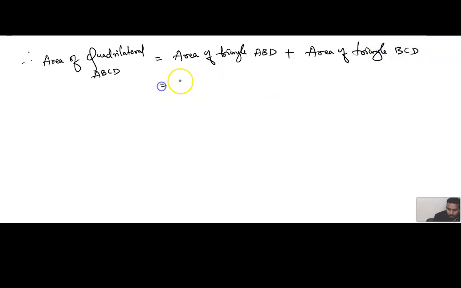Area of triangle ABD is how much? 53 plus 19. 9 plus 3, 12, carry 1. 6 plus 1, 7. That is 72 square units.